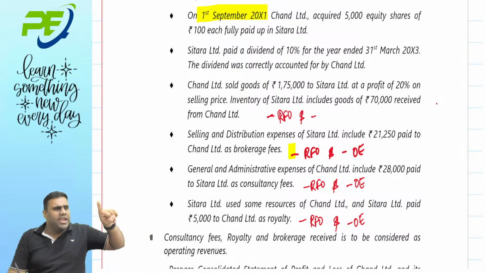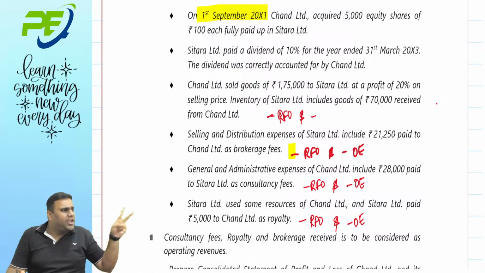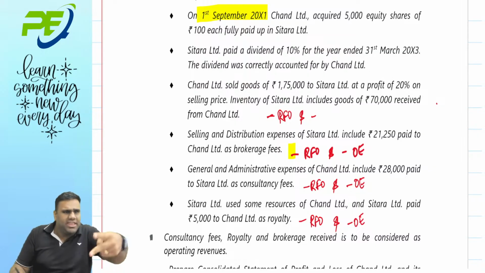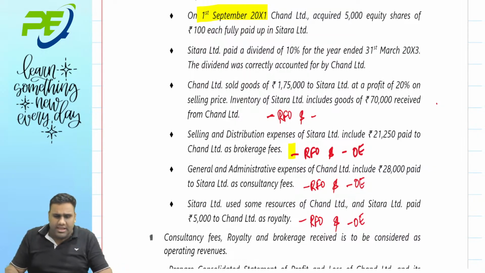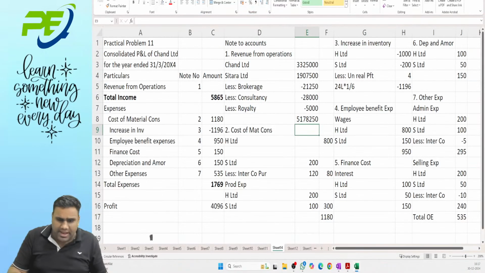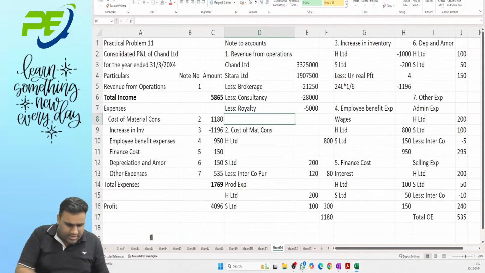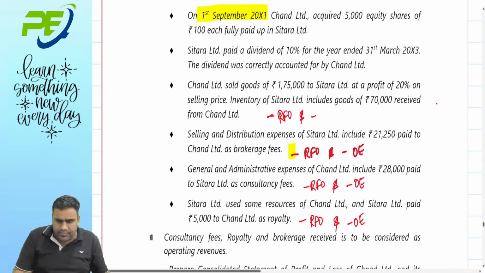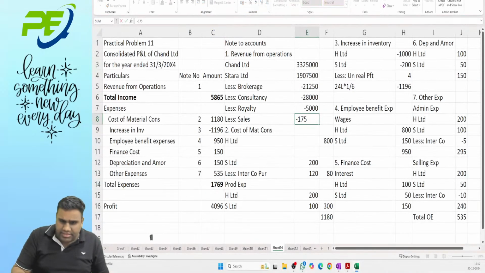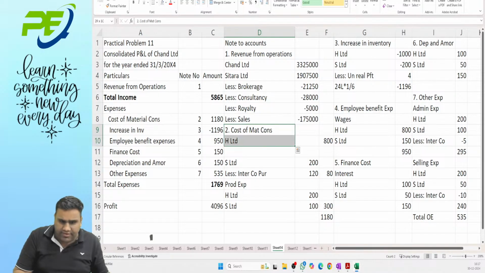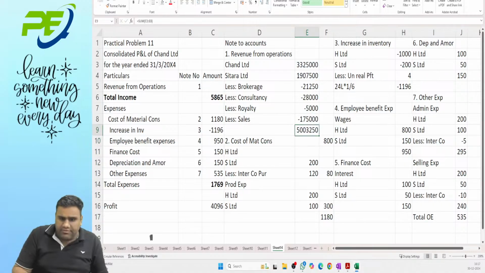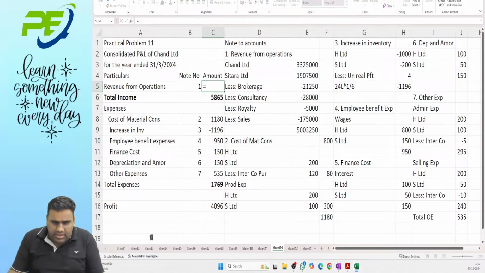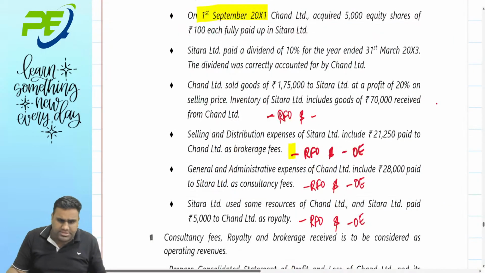Either purchase of stock in trade or raw material consumed, whichever is there in the question, that we will subtract. So sales minus 175. So 50 lakh, 3,250, everyone. So this is revenue from operations.